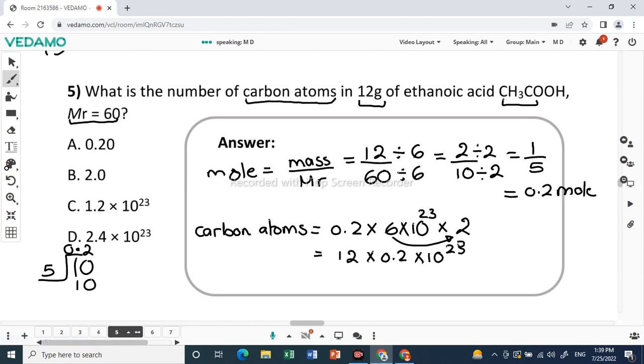Now 12 times 2 is 24. Then I'm going to add my decimal, times 10 to the power of 23. I'm trying as much as possible to do all the calculation steps with you without the use of a calculator.